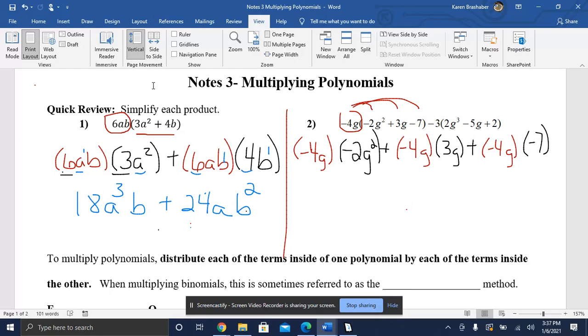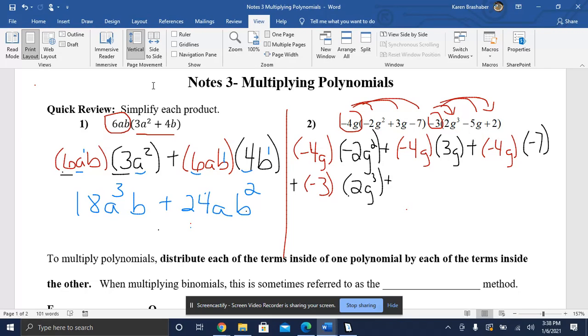Now, we have to add to that, so we're going to add, and then we'll be taking negative 3 and distributing it. So negative 3, we'll multiply that by 2g to the third.